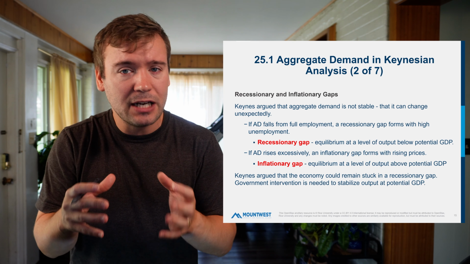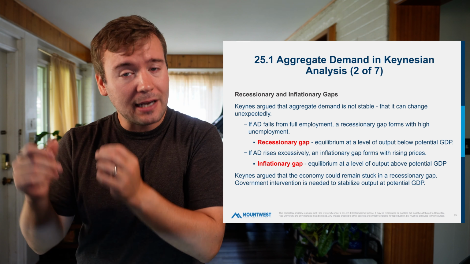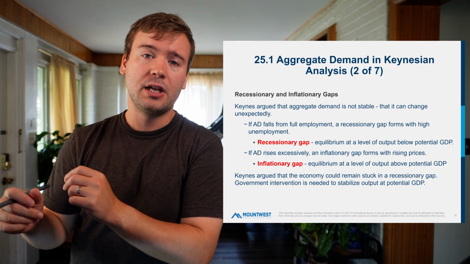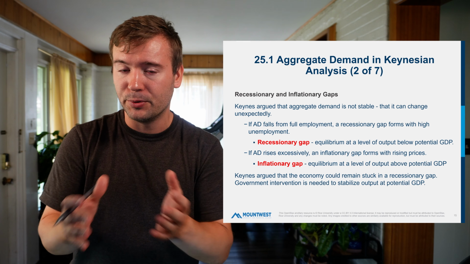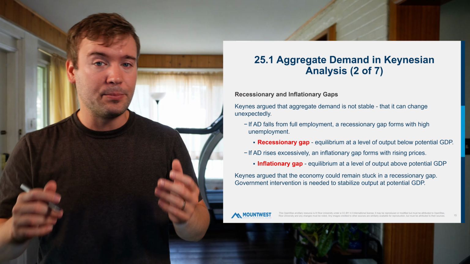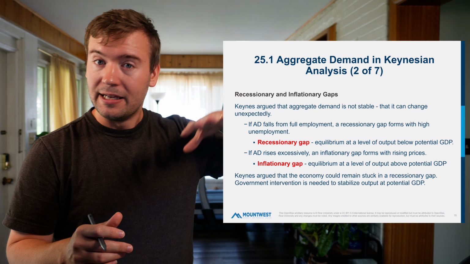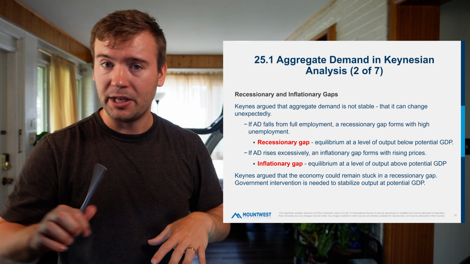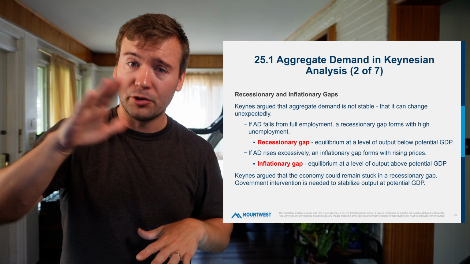It's not sustainable, right? If demand exceeds that potential GDP, then it results in rising prices and inflation as a control mechanism to try to bring that demand back down to sustainable levels. So the key policy implication of both of these scenarios, meaning one scenario is demand shrinks down below potential GDP, and the other is that it exceeds potential GDP, so you have a shortage of demand or a surge in demand.